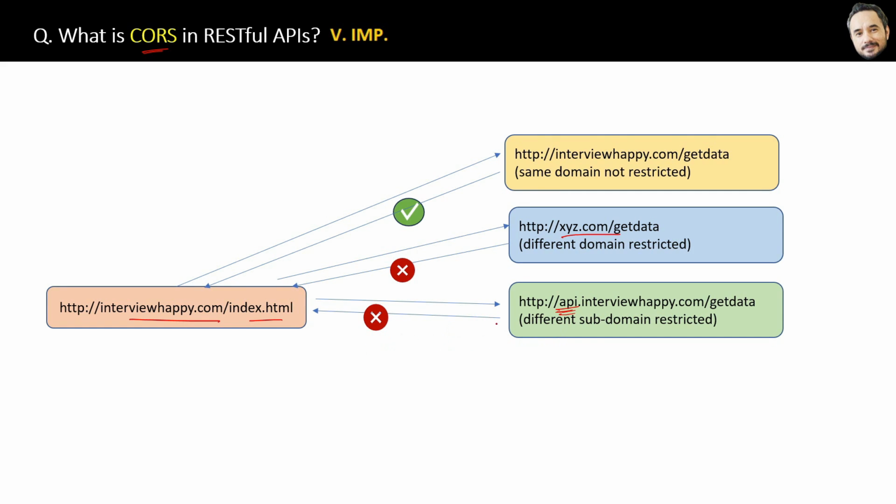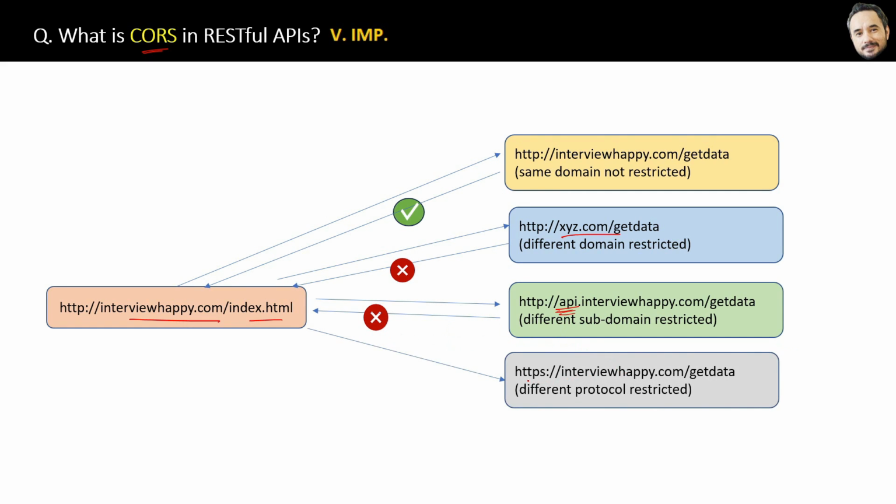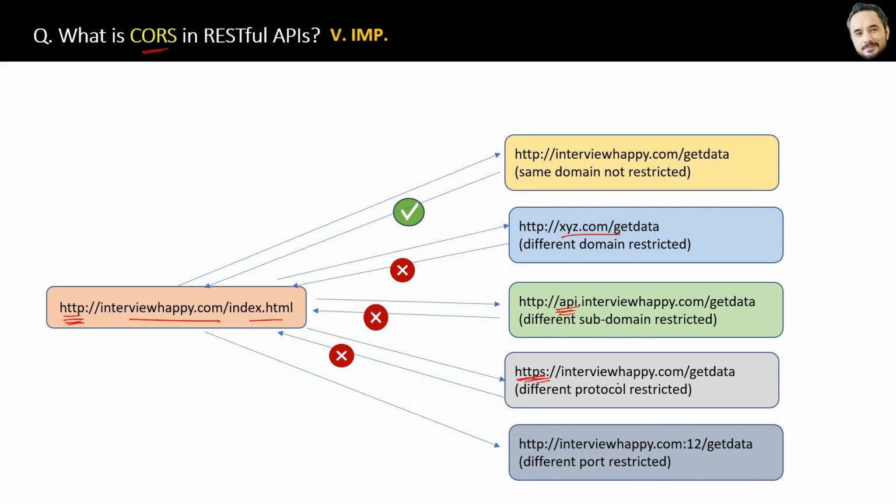The third case is when the domain or website name is the same, but you are requesting from HTTP while the sender is HTTPS. Then also CORS will restrict data sharing. And the last case is if the port number is different, then also CORS will restrict. Remember, this is the default behavior of CORS restrictions.